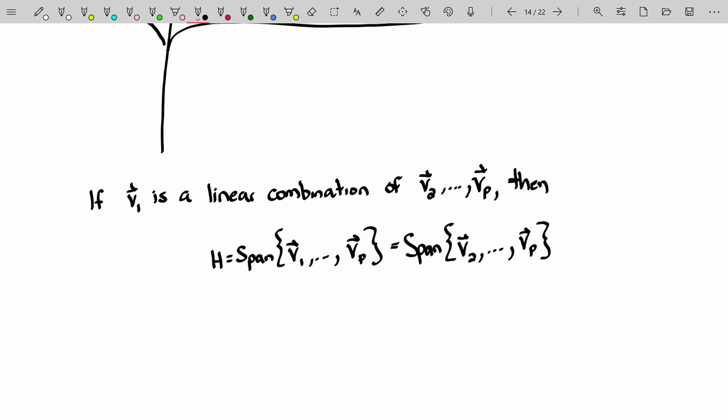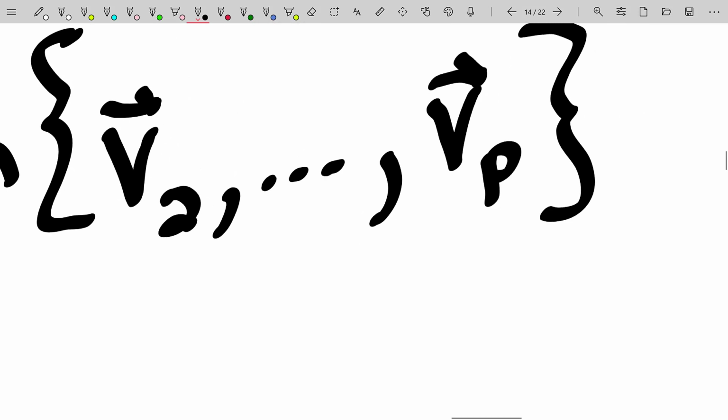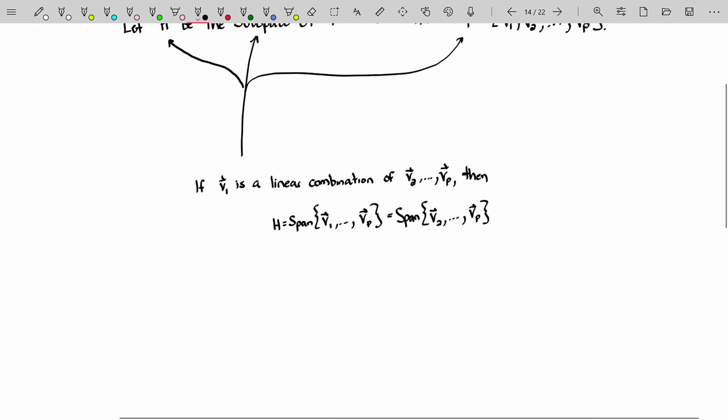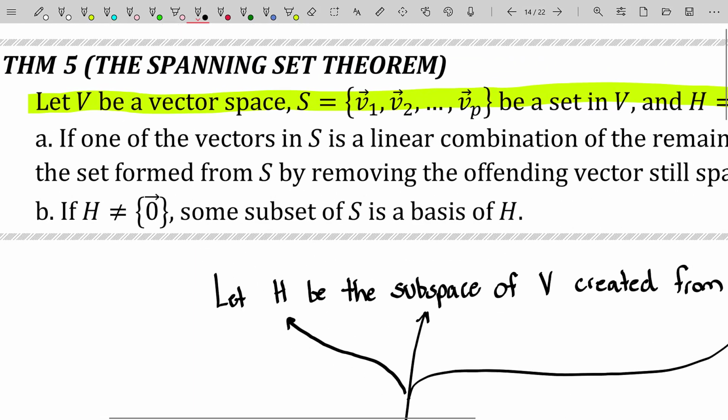So we have reduced the number of vectors in our set to start to minimize the number of vectors I have to write down, but still get the same span. And you can continue this process as much as needed to get down to the bare minimum number of vectors that still span the same space, that still build all of H. And that's actually what part A is saying.